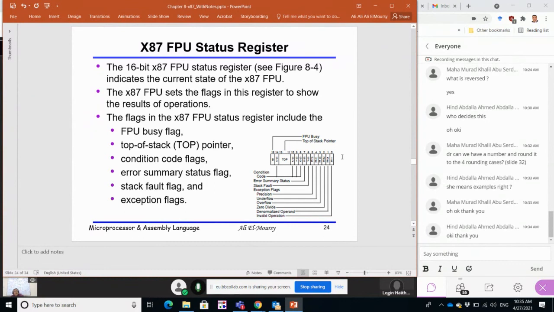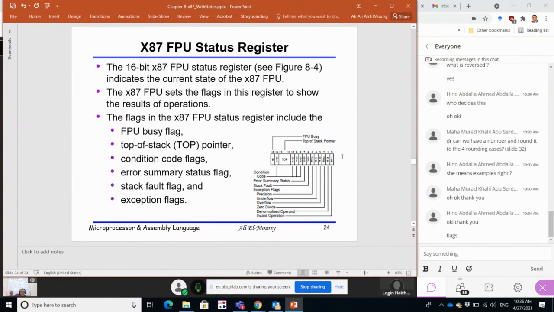When the exception itself happens, where will the microprocessor or the X87 tell me about it? The control bit tells me whether I want to know about the exception or not. If there is an exception, where will the X87 tell me? It will tell me in the flags, exactly. These flags are the status register.